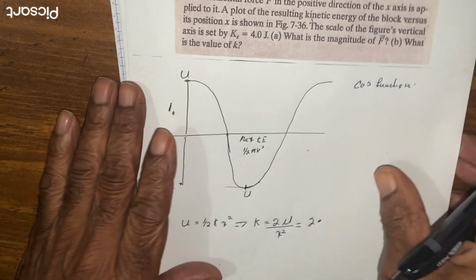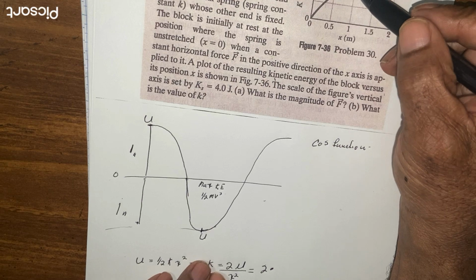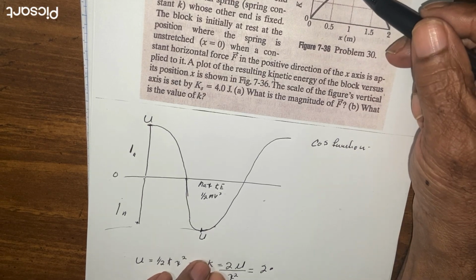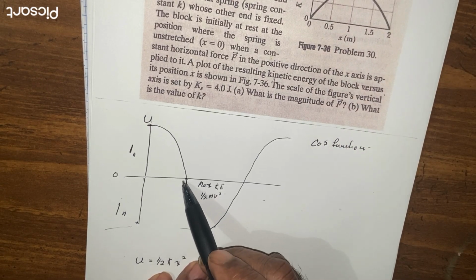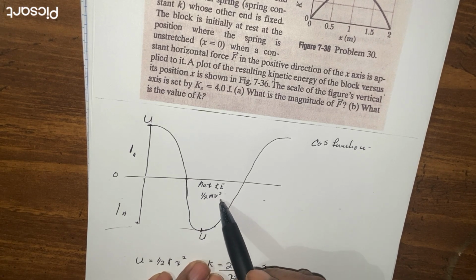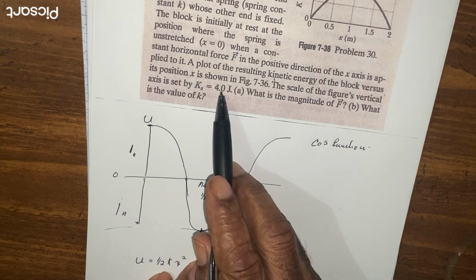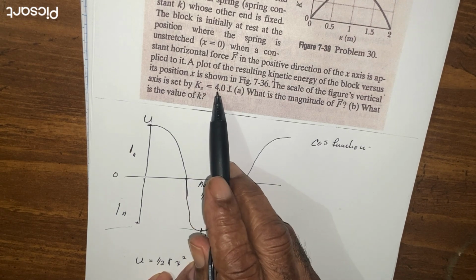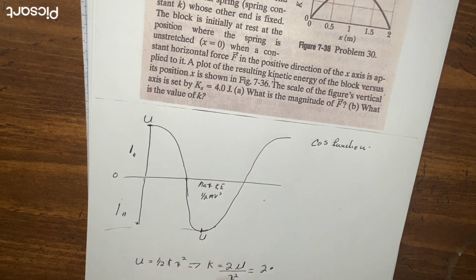Now the potential energy is the same energy as the kinetic energy at its max, which would be 1/2 mv squared, and the potential energy is 4.0 joules.